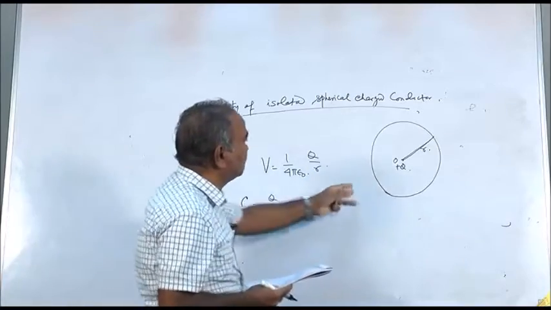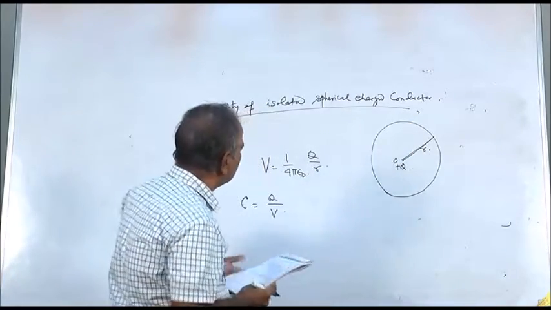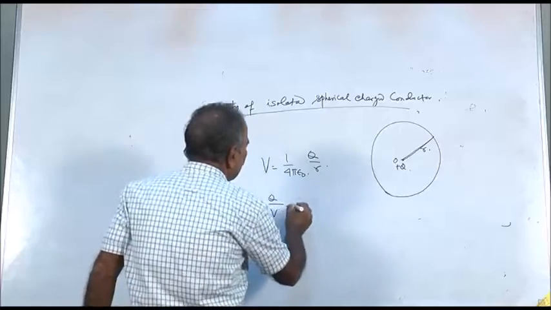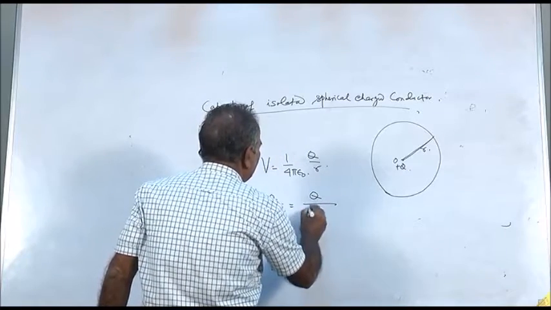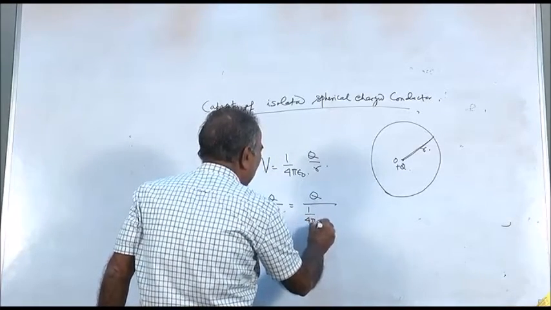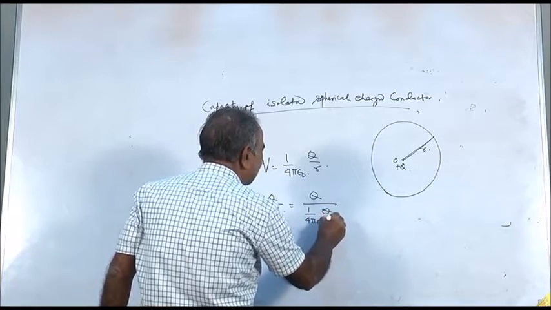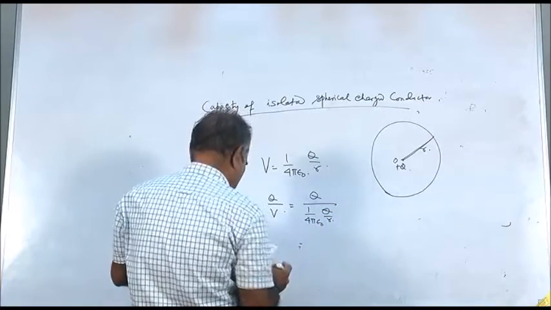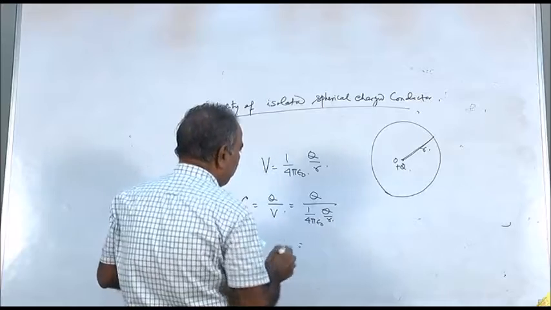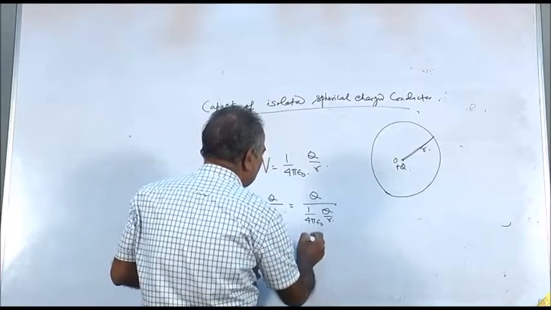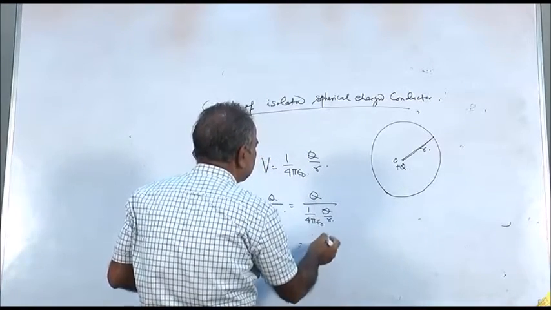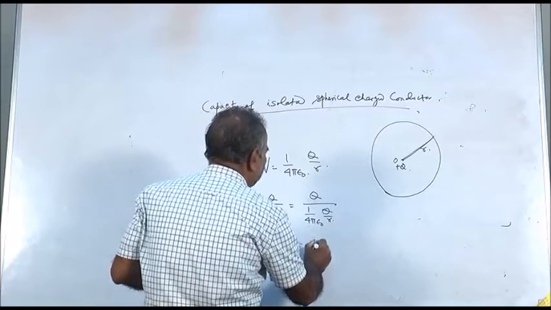That is equal to Q divided by 1 by 4 pi epsilon 0 Q by R, which is equal to 4 pi epsilon 0 R, as Q cancels.